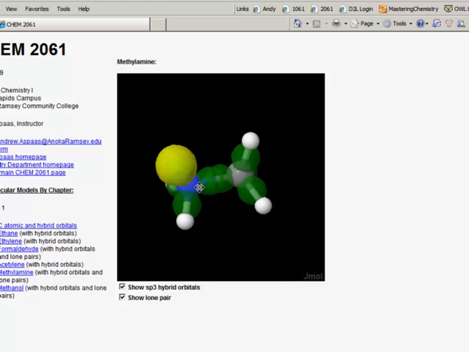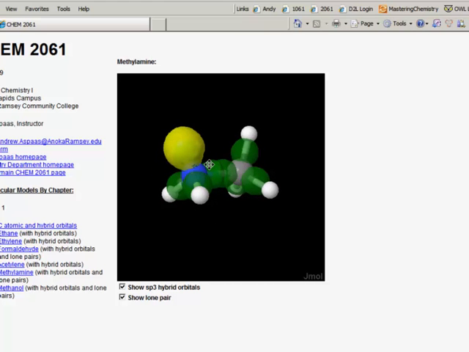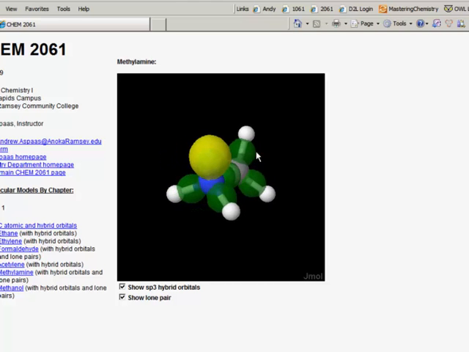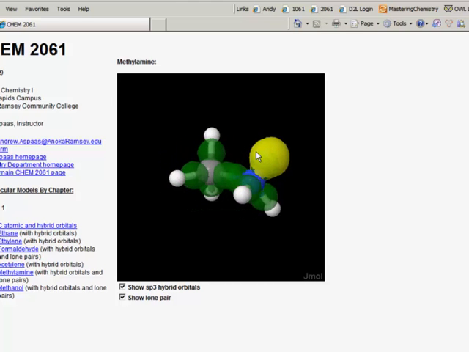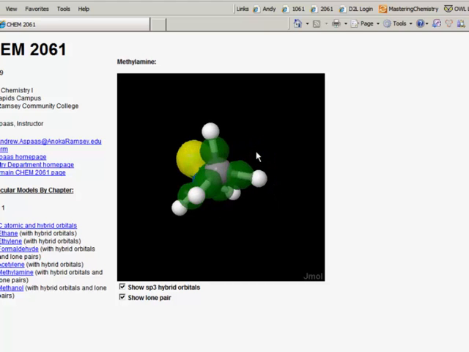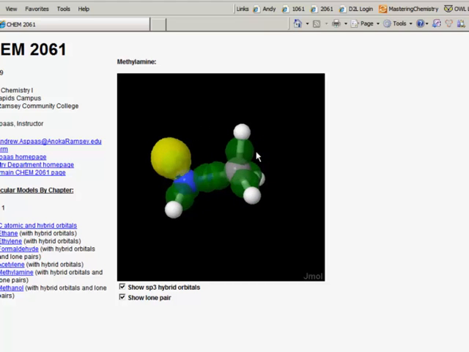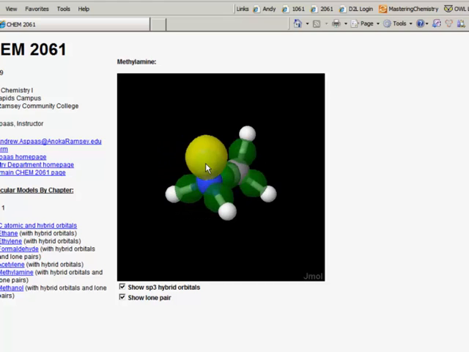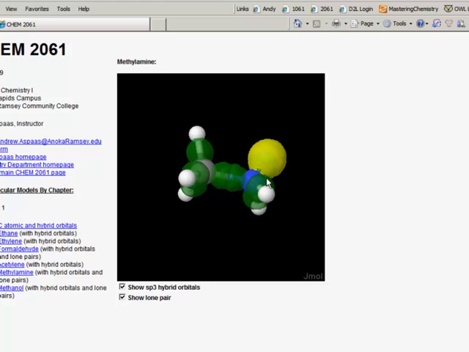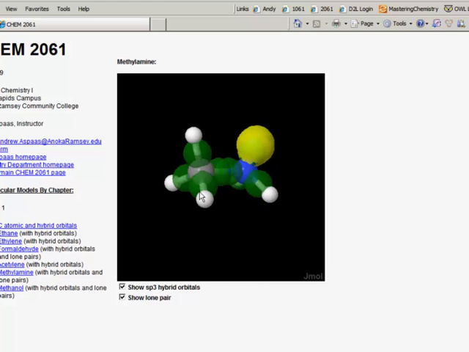That's in yellow there, that's where that lone pair of electrons is. It occupies the same type of space that a bond would normally occupy. So that's going to be important for learning shapes as we continue on here, that a pair of electrons takes up just as much space as a bond does, and that's because they occupy a hybrid orbital, just like these sigma bonds do.